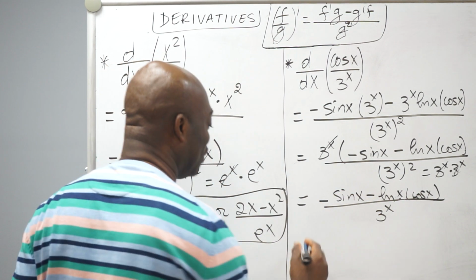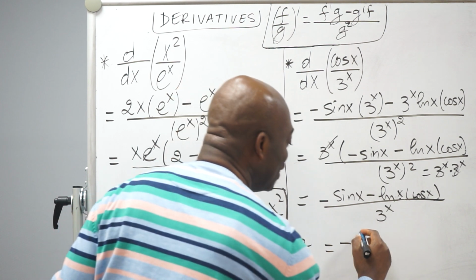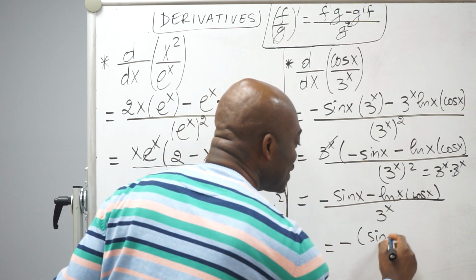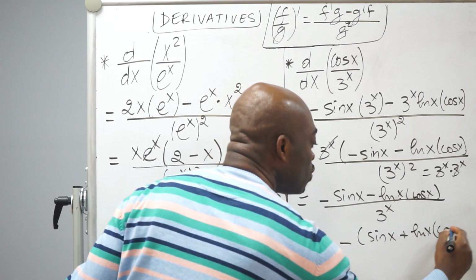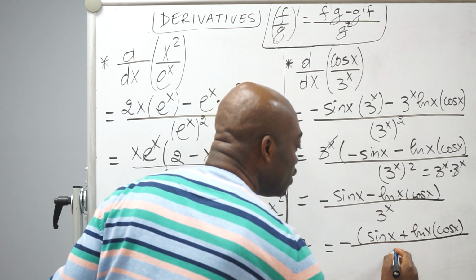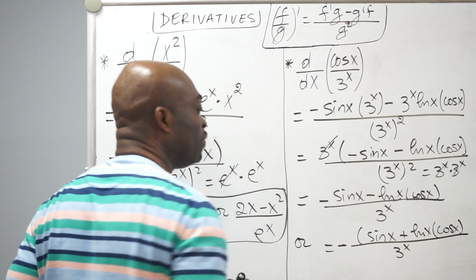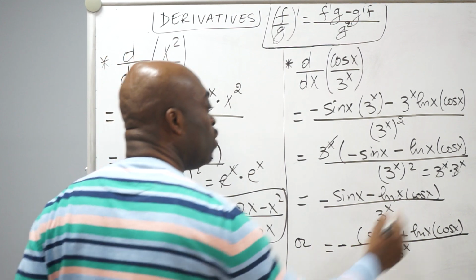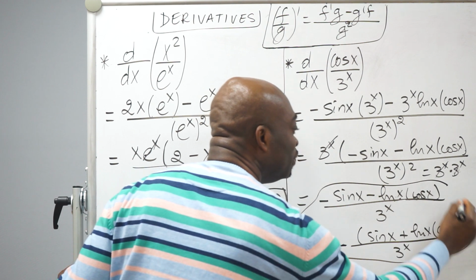That's also possible. This is the same thing as having negative, then sine x plus ln of x times cosine x, over 3 to the power x, so you have the negative sign right in front of the fraction. So it's either or. One of these two answers is acceptable.